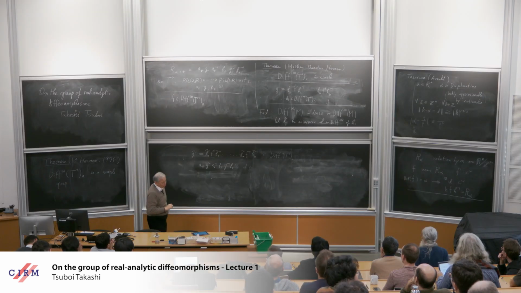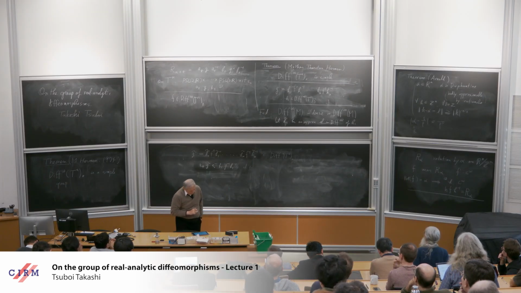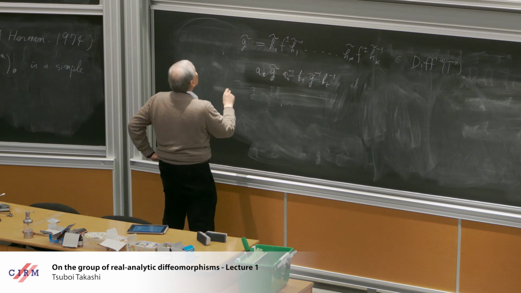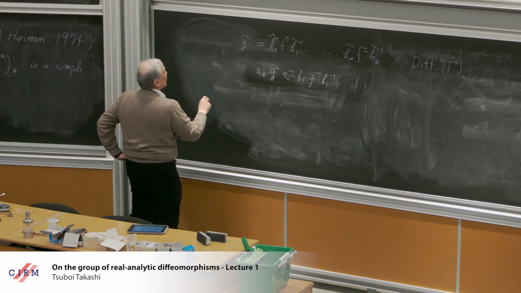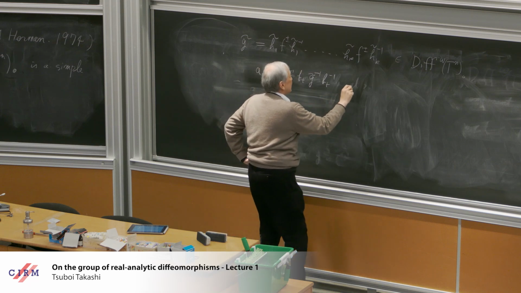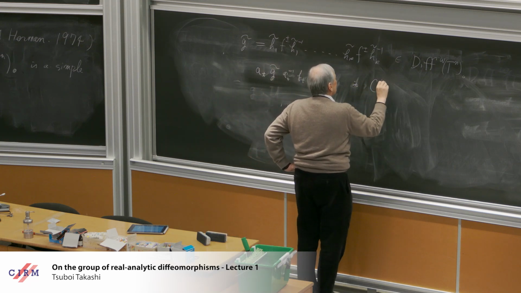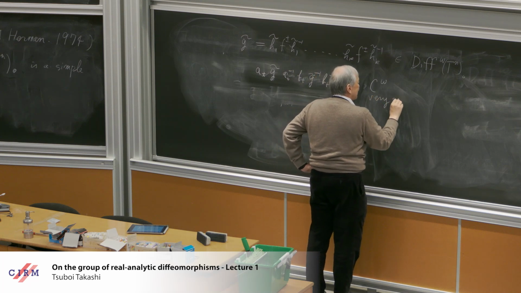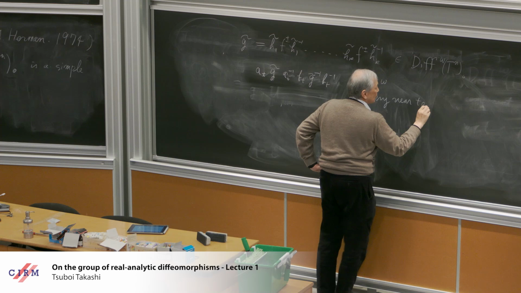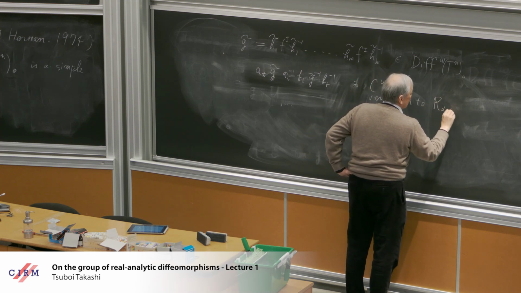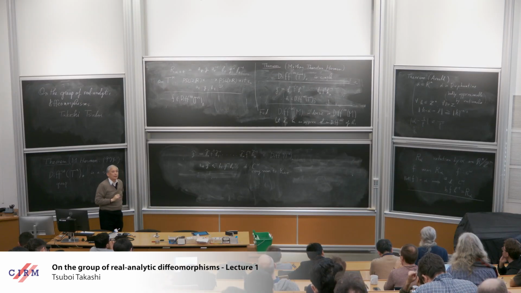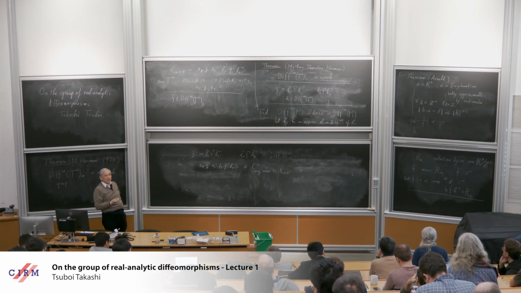This is some element. So we look at this element. This element is a C omega diffeomorphism, very near to the rotation, because I approximate everything.